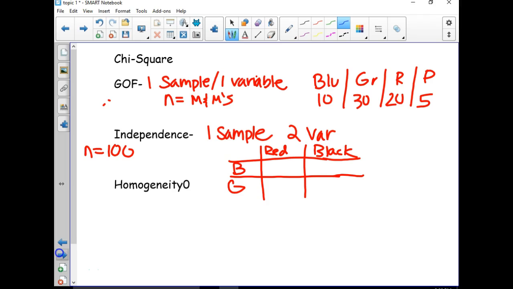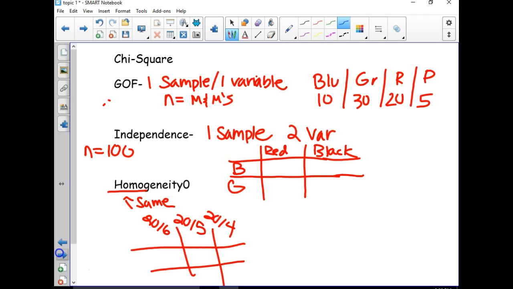Now, homogeneity, homo is that prefix that means same. So that would be, let's say I have AP stat scores for the last 5 years. So I would say I have the year 2016, 2015, 2014. Let's do 3 because I don't want to write down all the numbers, right? And I'm going to look at the distribution of the people who passed. So 5, 4, 3.